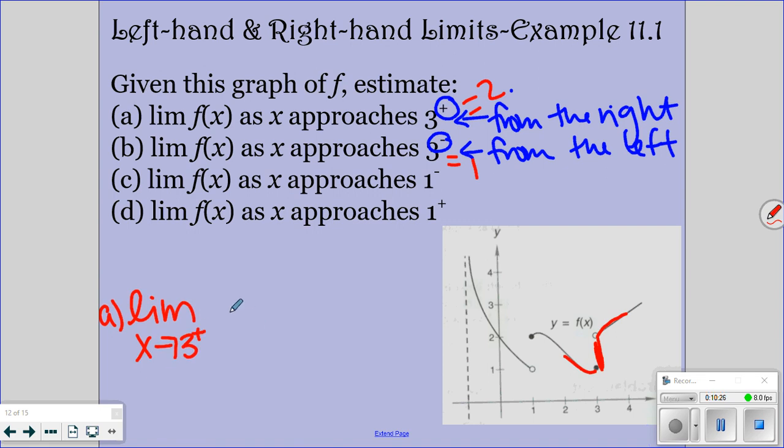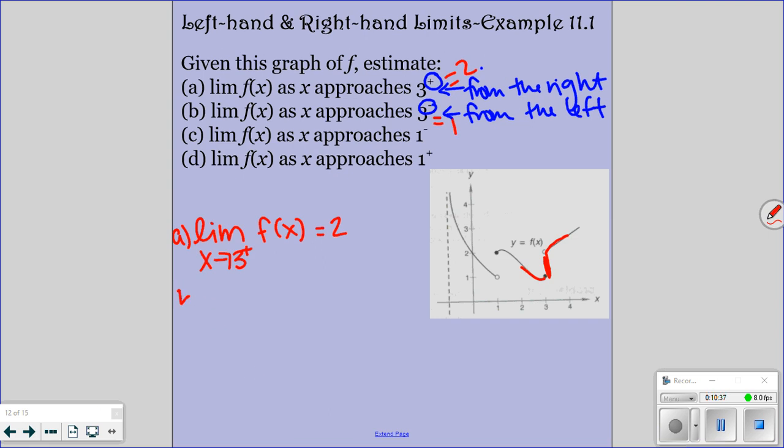The limit as x approaches 3 from the right of this function would be 2. For part B, the limit as x approaches 3 negative of f of x from the left would be 1. That's what we just found.